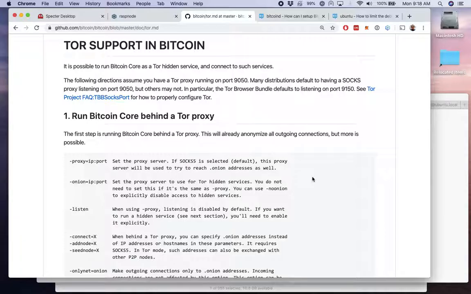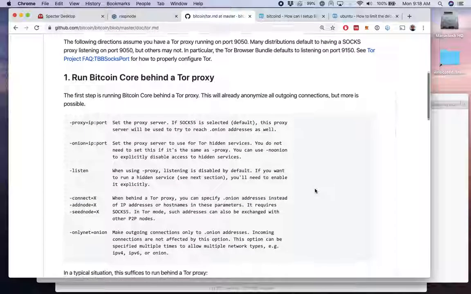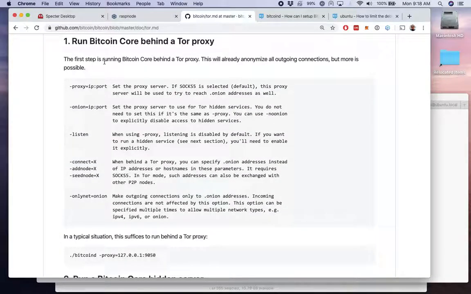The configuration I'm going to use here is, I'd say, likely to change as I learn more, or as hopefully I get feedback from people and they tell me the things that I don't understand or the things that I'm being stupid about. But this first section is talking about running Bitcoin Core behind a Tor proxy.